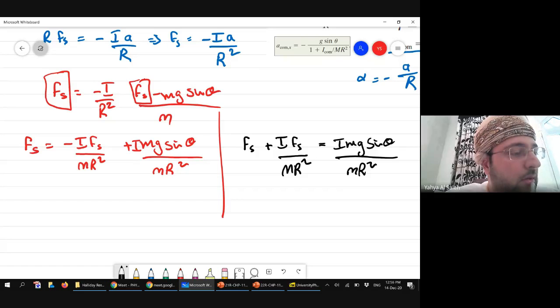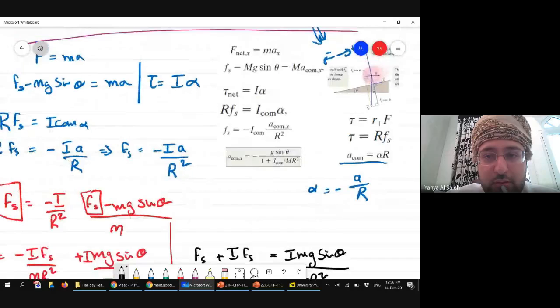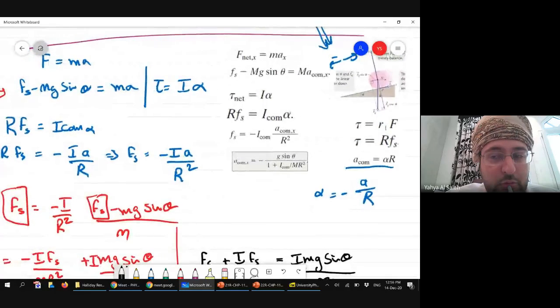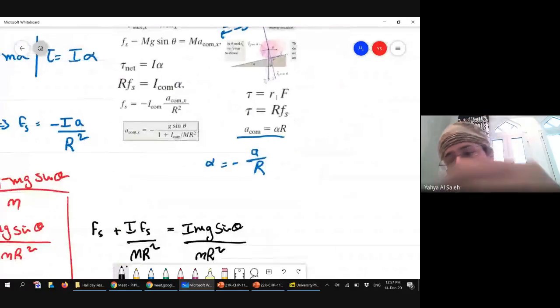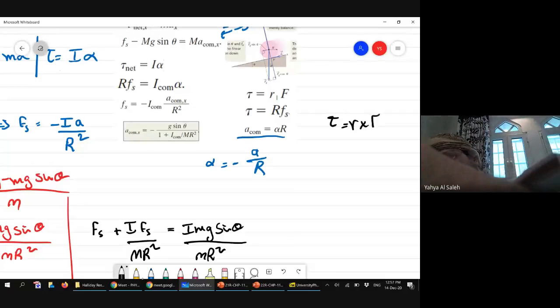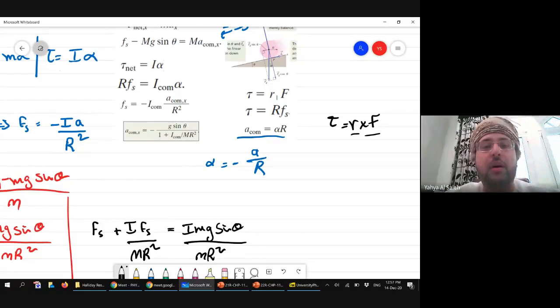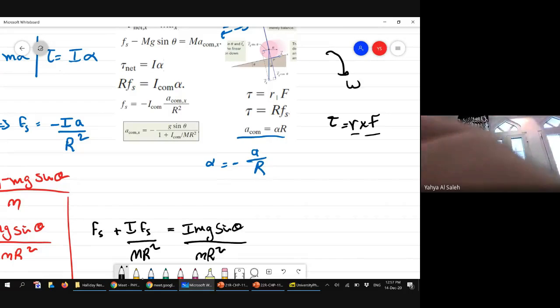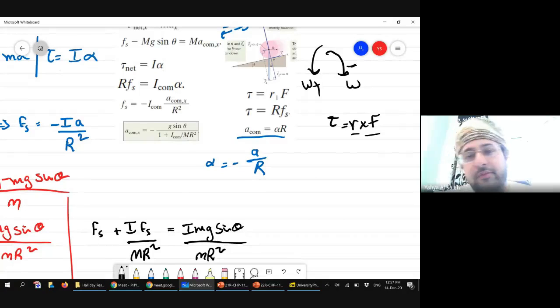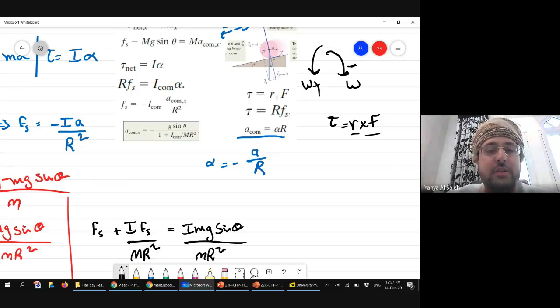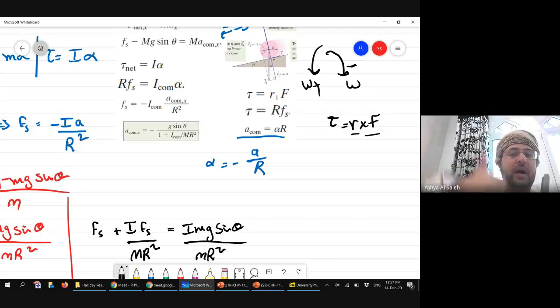The negative of A, shouldn't it go with the negative torque? Well, torque is equal to R cross F, right? We haven't yet determined what R cross F is. Okay, it might be positive, so it might not go plus and minus. Remember, omega negative and omega positive, that is for angular velocity. Torque, you'd use the right-hand rule, so it might be up or down even.